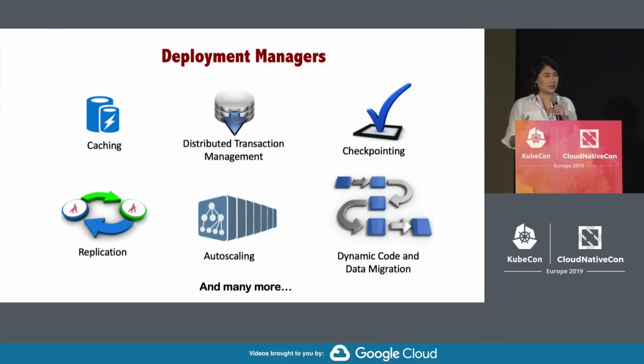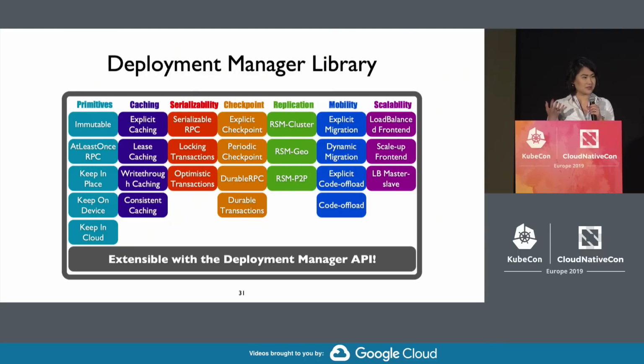We offer a library of deployment managers that covers lots of categories of what we expect to be standard problems for application programmers to solve today: things like caching, checkpointing, replication, sharding, and scaling. We have a selection of deployment managers for each category, so not everyone has to do caching in the same way.